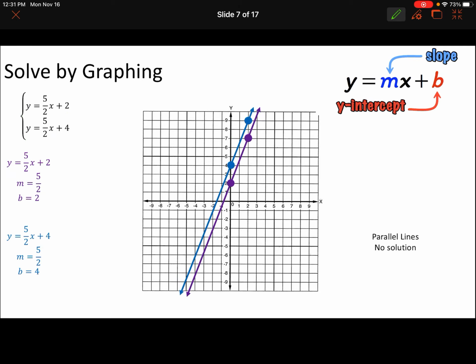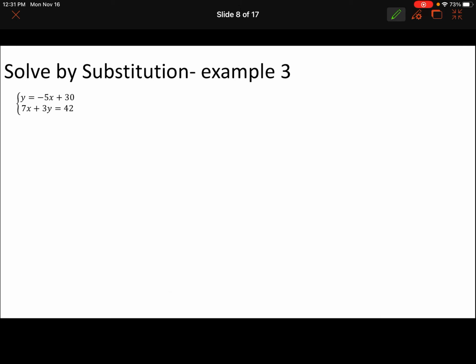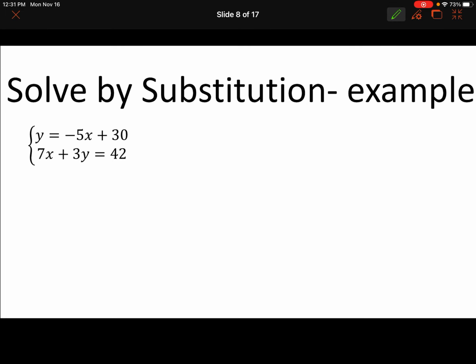Now we're going to find the same type of answers, solving in a different way. Solving by substitution, if you want to write this down, you can pause the video. Our goal for substitution is first to get one of our variables isolated. I don't care if it's x or y. We want y alone or x alone. Because when it's alone, we can see that y equals all of this.